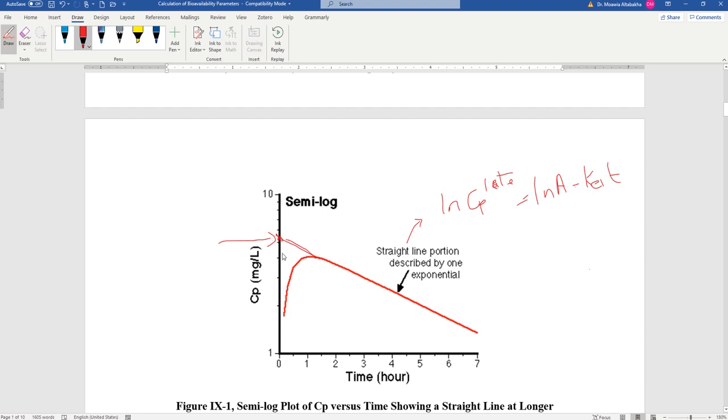So you read this point as A, the number here is equal to A, and the intercept is ln of this number.